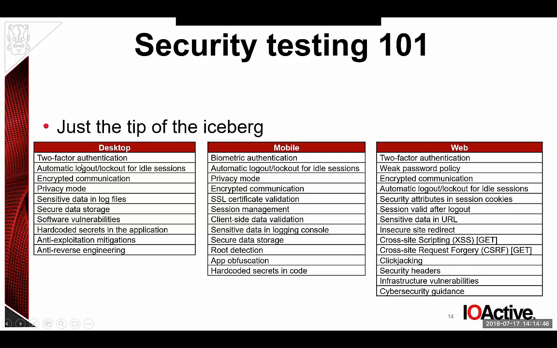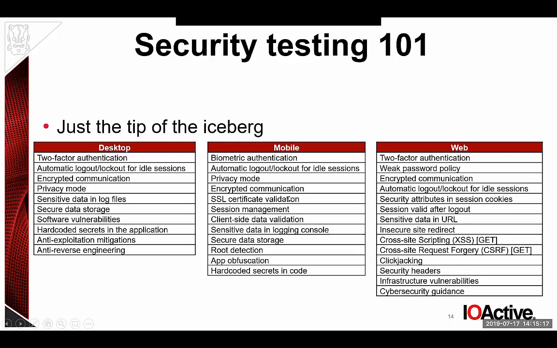But in the end, as you can see, our basic security controls are the tip of the iceberg. 2FA, automatic logout or lockout for idle sessions, encrypted comms, sensitive data in log files, secure data storage, hard-coded secrets in the reversed application, anti-exploiting and reverse engineering mitigations.